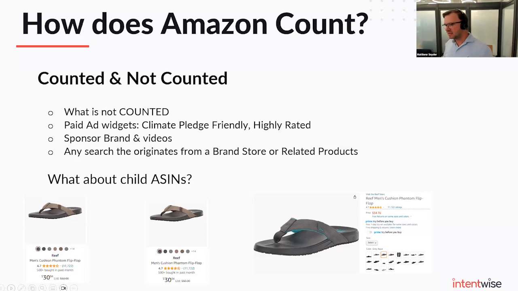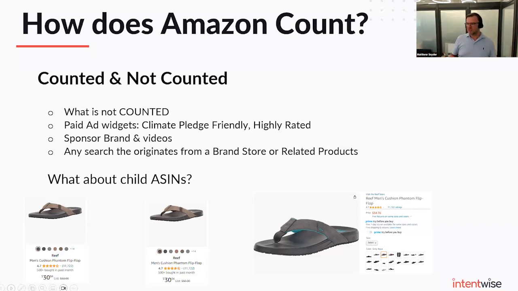But as I click into this, you can see on the far right you have a size selection, you have color variations. If I were to click on, in this case, the brown, that is going to get the initial impression share, but then as I click on this blue pair, that's going to get the click.